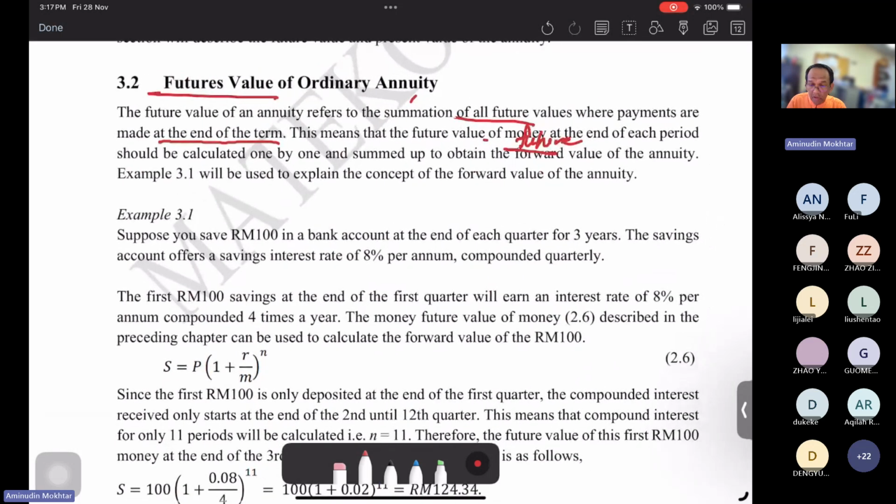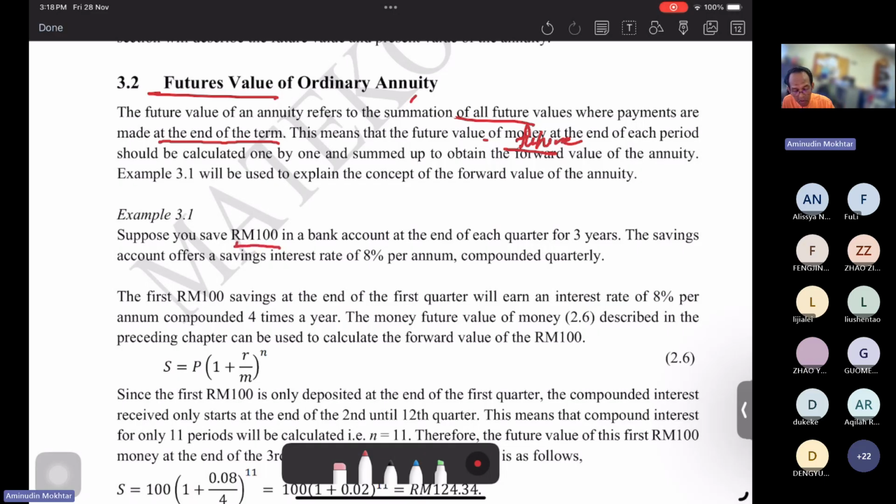Based on example 3.1, let's assume you have 100 ringgit.